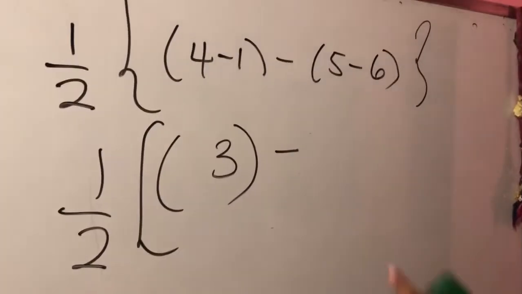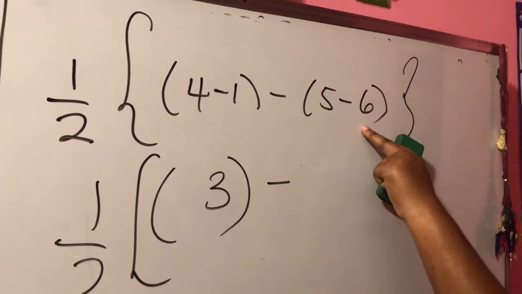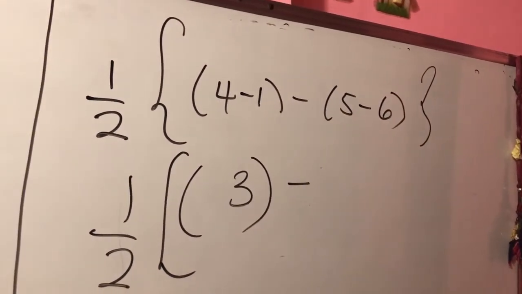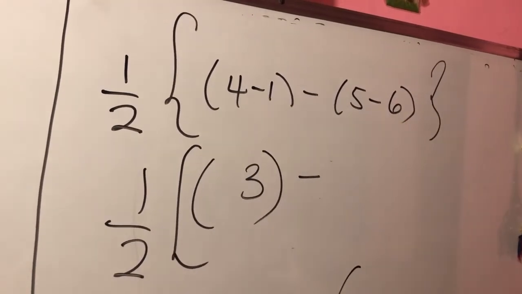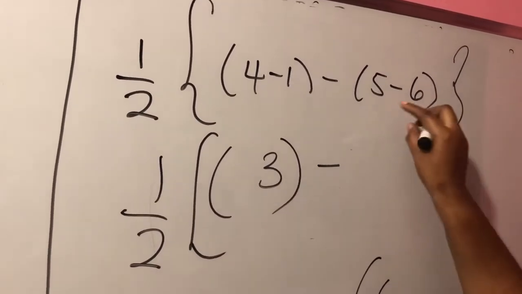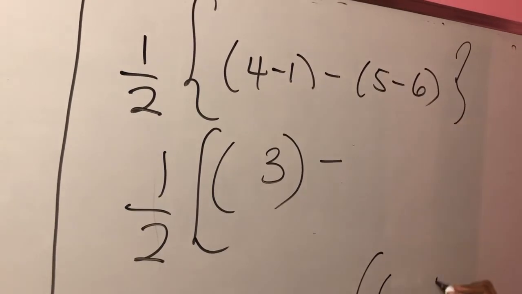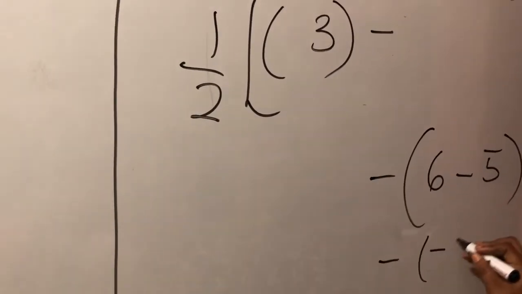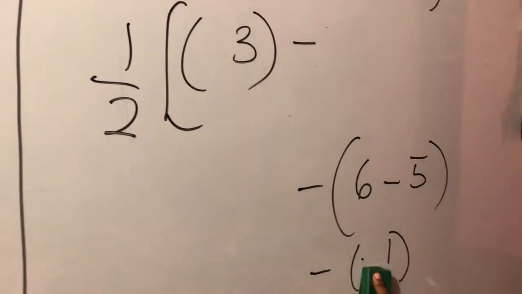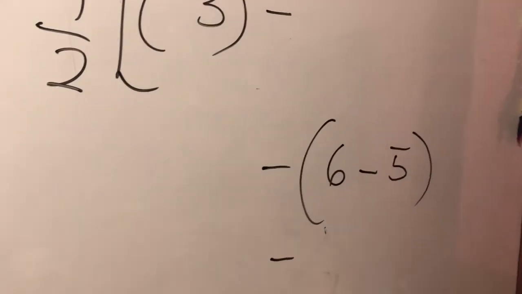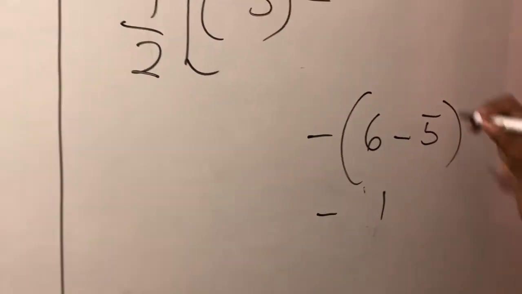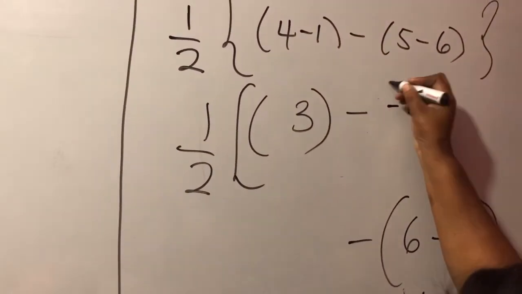That if the number subtracted is greater, you are going to bring the negative sign outside, the bigger number first, which is 6, minus the smaller number, which is 5. So we have 6 minus 5, which is what? 1. So your answer is what? Negative 1. So 5 minus 6 is what? Negative 1.